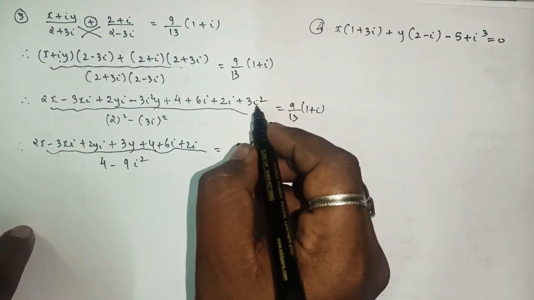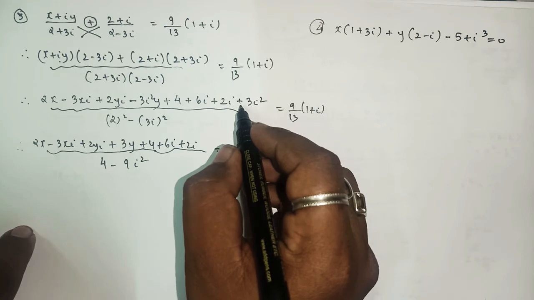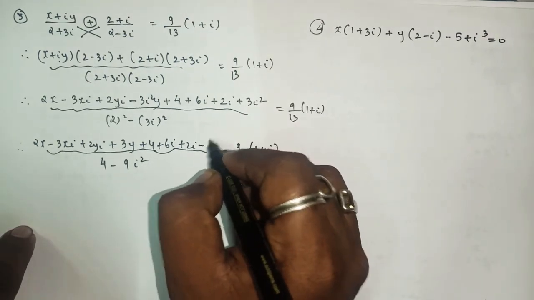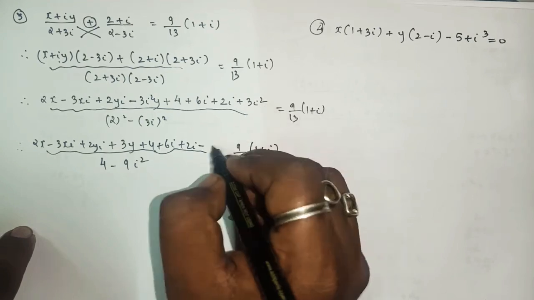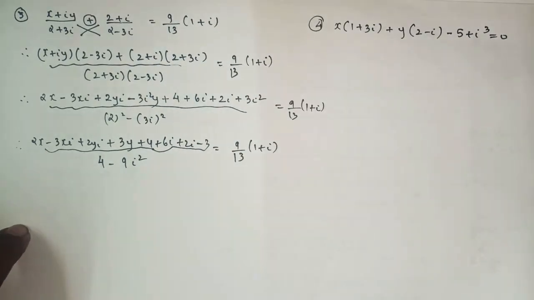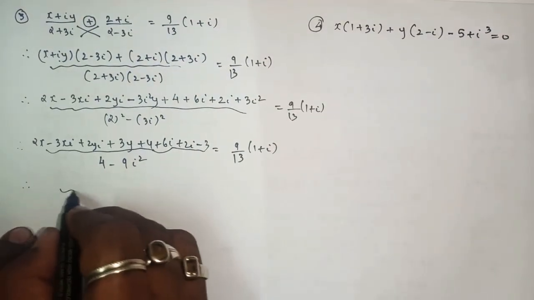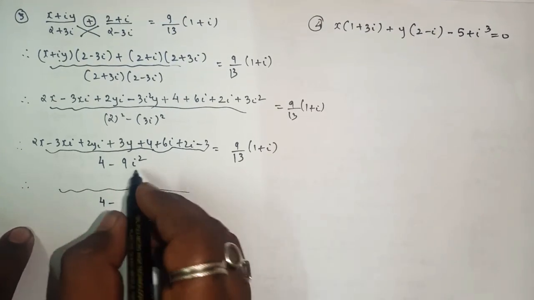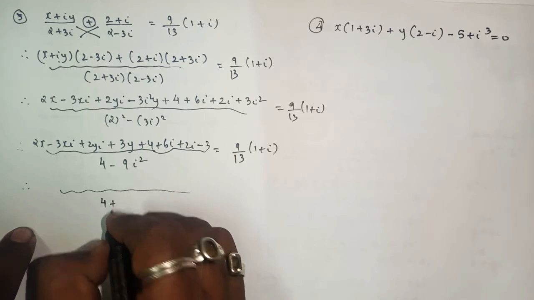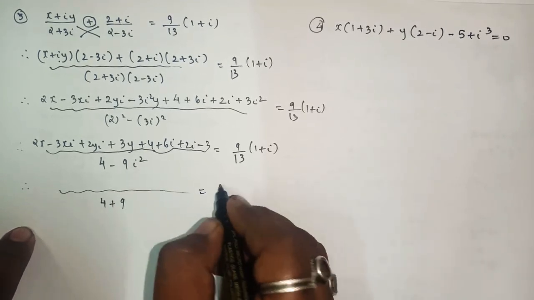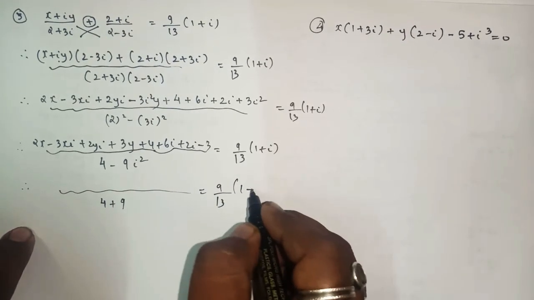I square value is minus 1, so here we have already plus, so plus minus will be minus, i square is 1, minus 1, yes or no? So plus minus minus, 3 one side is 3. Here also in place of i square we'll write minus 1, so already here we have minus, so minus minus will be plus. So 9 upon 13 into 1 plus i.